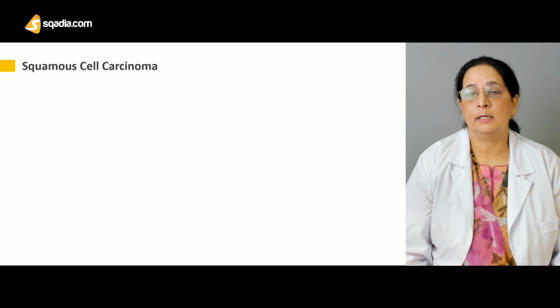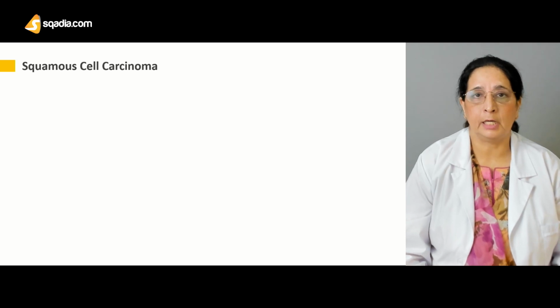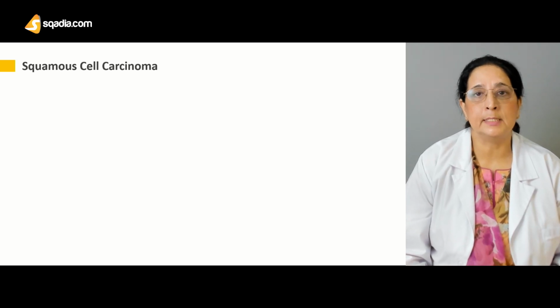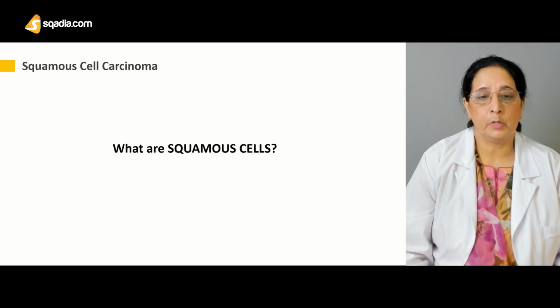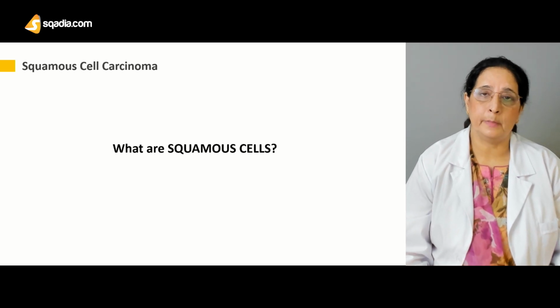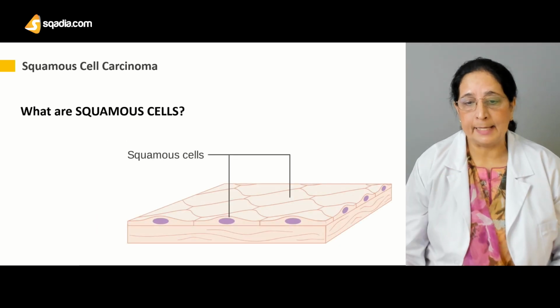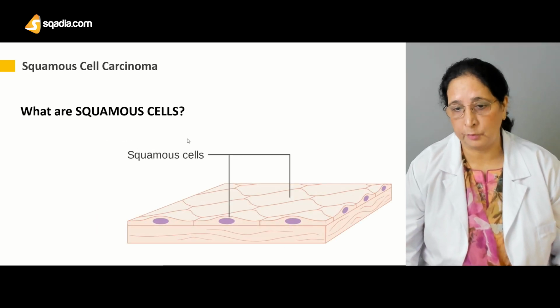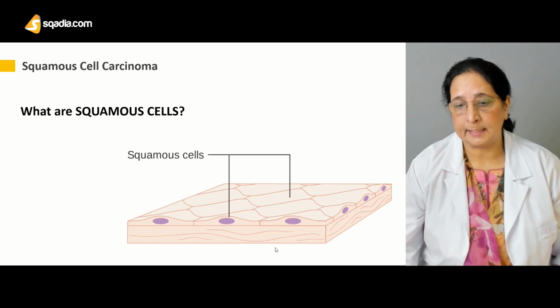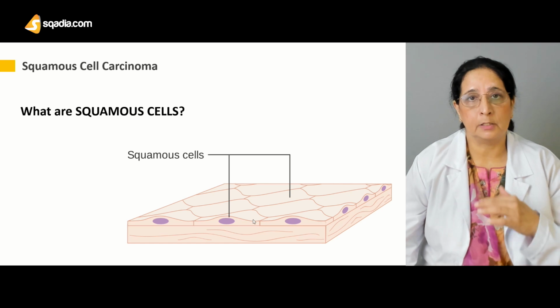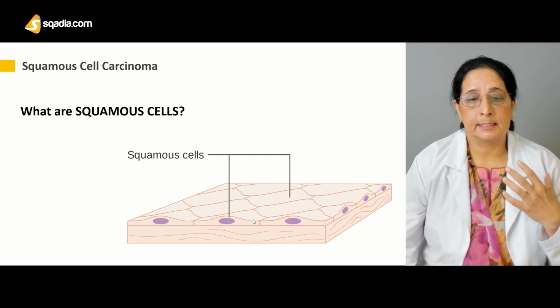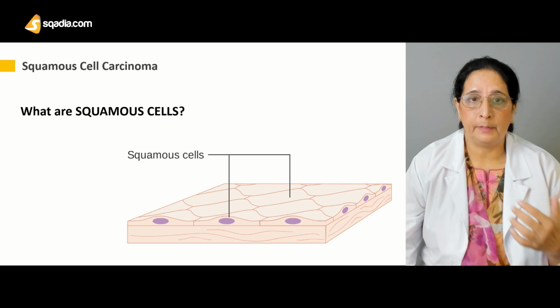The first malignant cancer I will talk about is squamous cell carcinoma. What are squamous cells? Squamous cells are thin flat cells. Here you can see these thin flat cells present on top of the skin, the top layer.